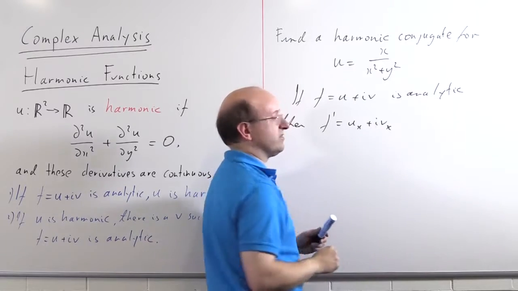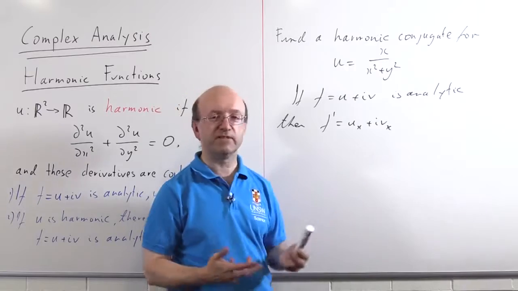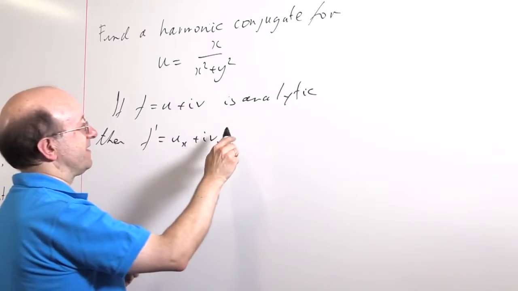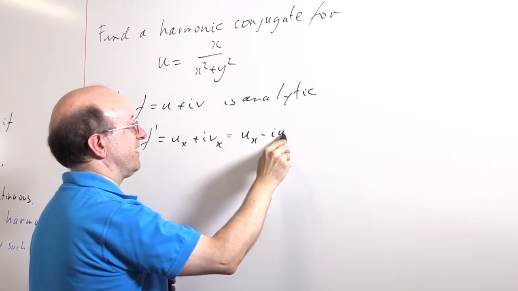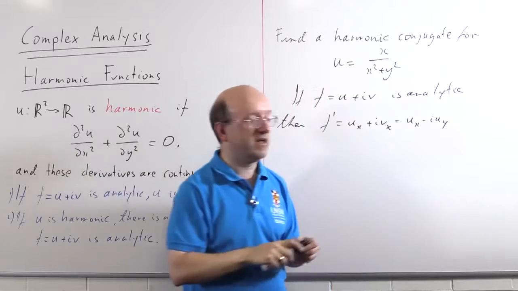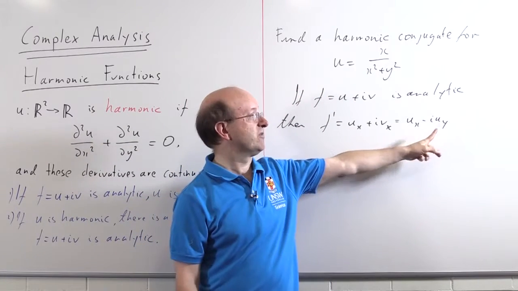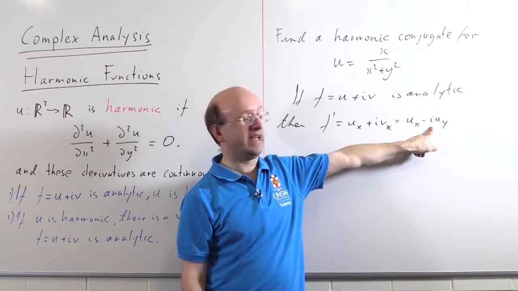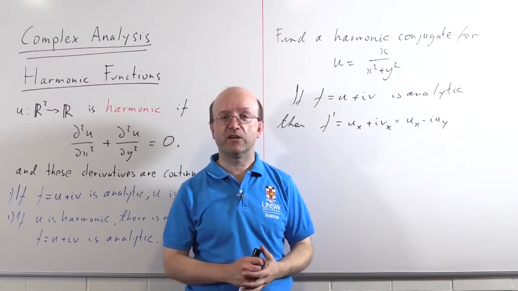But the Cauchy-Riemann equations tell us we can replace vx, this is a shorthand for dv dx, we can replace that with dv dy, or minus dv dy, I should say. So this is the same as ux minus i uy. And we can calculate this thing just knowing u. And then we could use analytic continuation to write ux minus i uy, in other words, f dashed as a function of z, and integrate the resulting thing with respect to z alone.